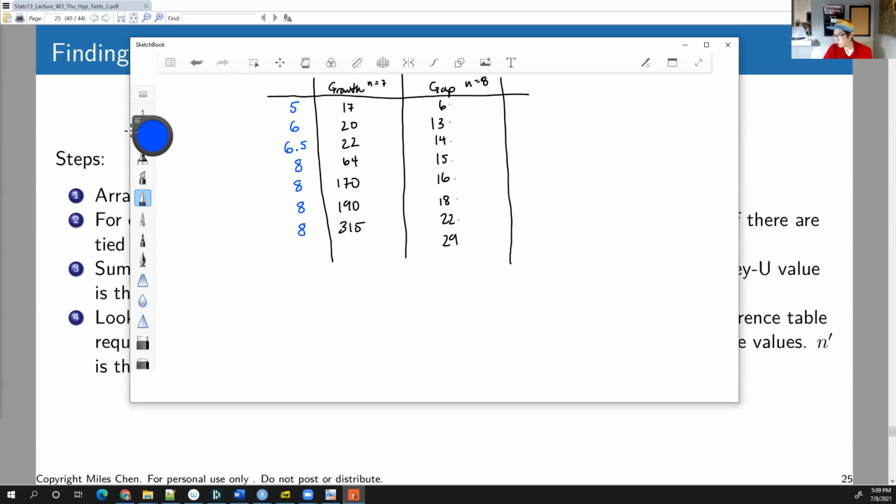Okay, and this thing where I write down 8 a bunch of times also kind of points us to the strengths and weaknesses of a non-parametric test. An analogy could be that parametric tests, like the mean, are like business, and non-parametric tests are like sports.